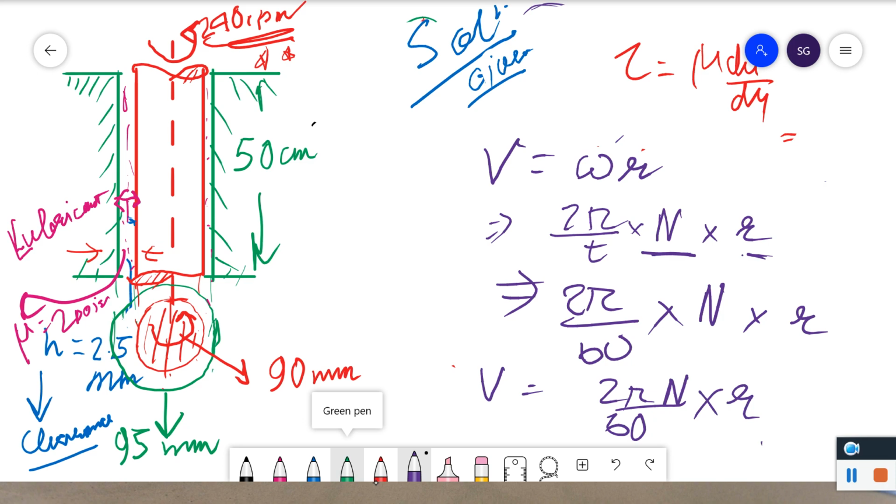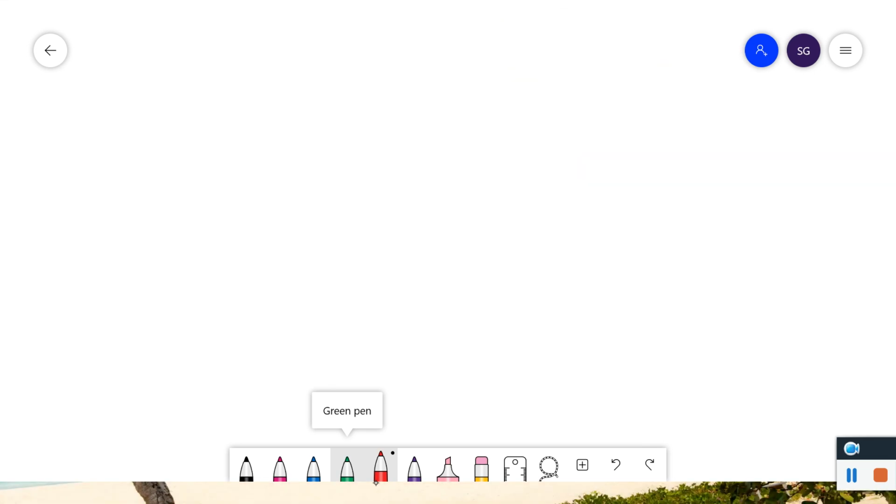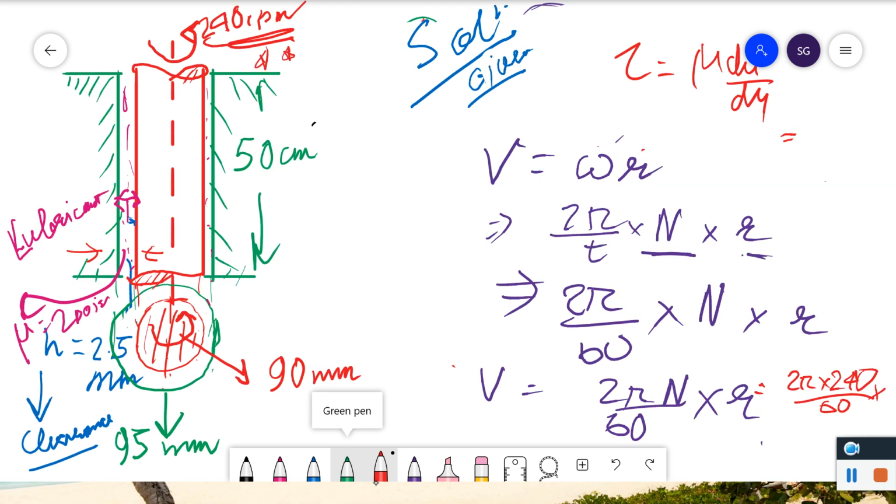So let's calculate it out. Calculations will be 2 pi into 240 divided by 60 into r. What is r here? 90 mm means 0.09 meter upon 2. And see, here we are concerned about the cylinder. Always read the question.